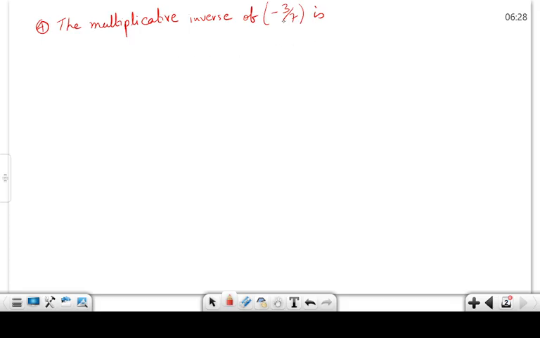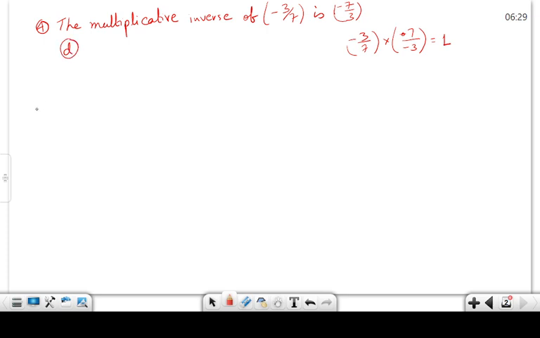We multiply by such a number so that the result is 1. If we multiply minus 3 by 7 with 7 by minus 3, we get the result as 1. Therefore the multiplicative inverse of minus 3 by 7 is minus 7 by 3, and the option is D. Therefore D is the correct answer.